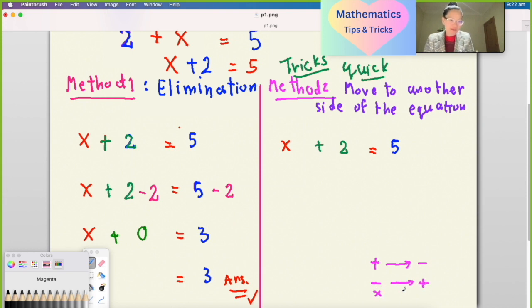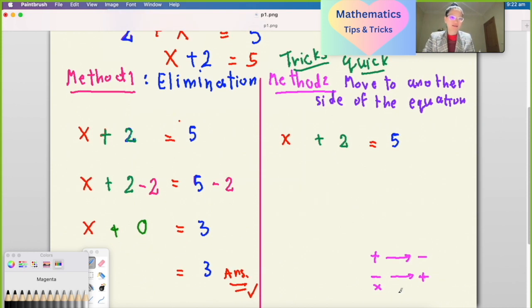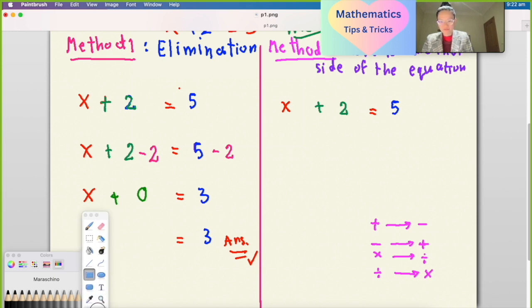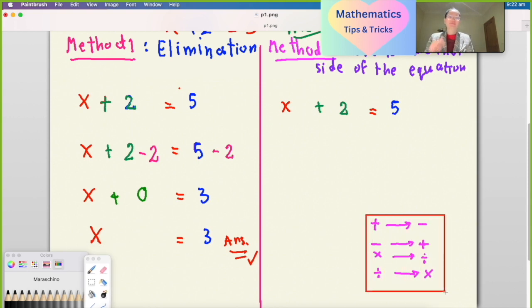If you have multiply and you move it to the other side, it's going to be divided. If you have divided and you move it to the other side, it's going to be multiply. You need to understand these first.